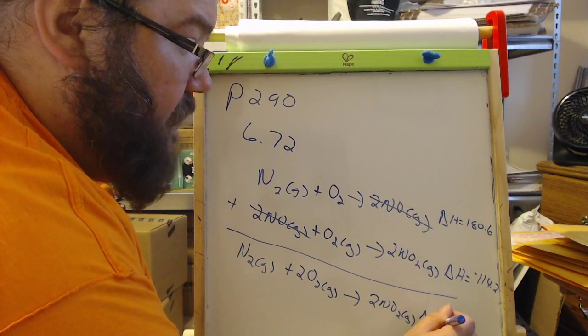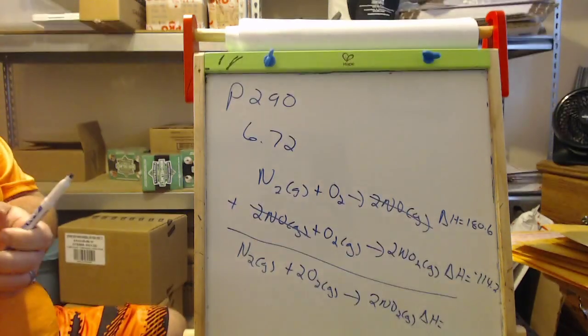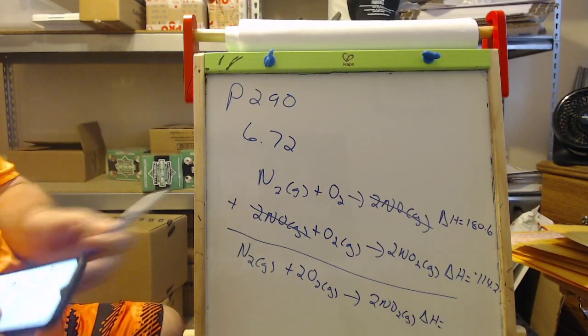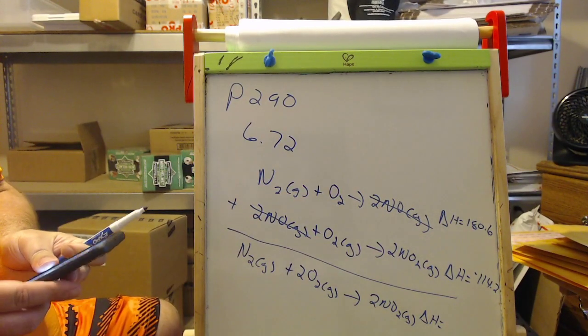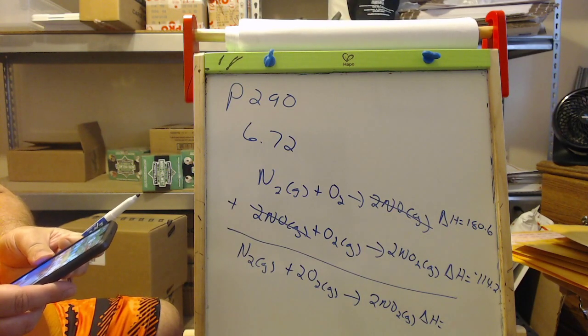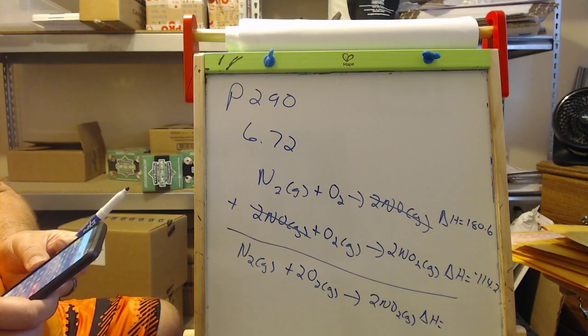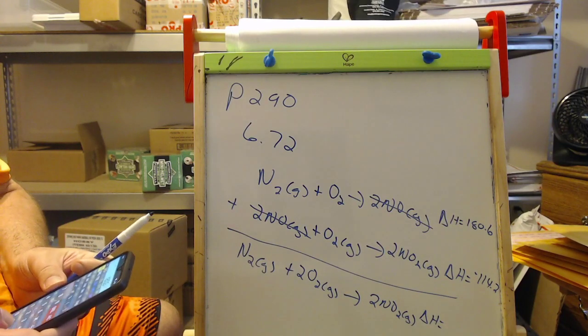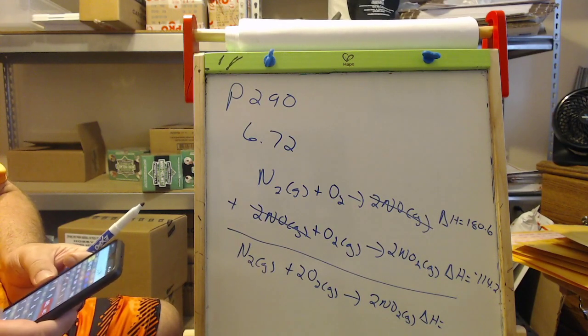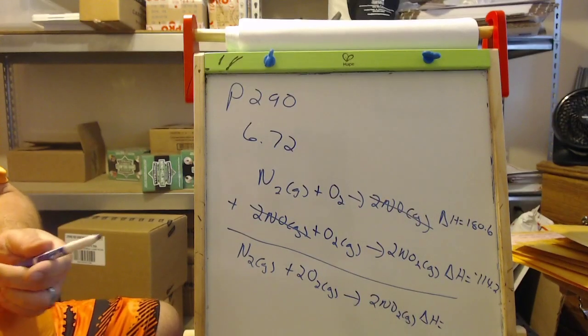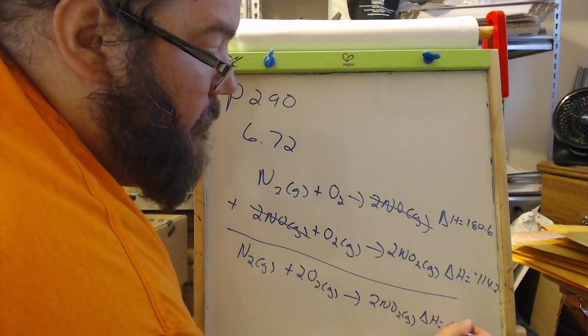And the delta H equals, we add these two numbers together: 180.6 plus negative 114.2, which is 66.4.